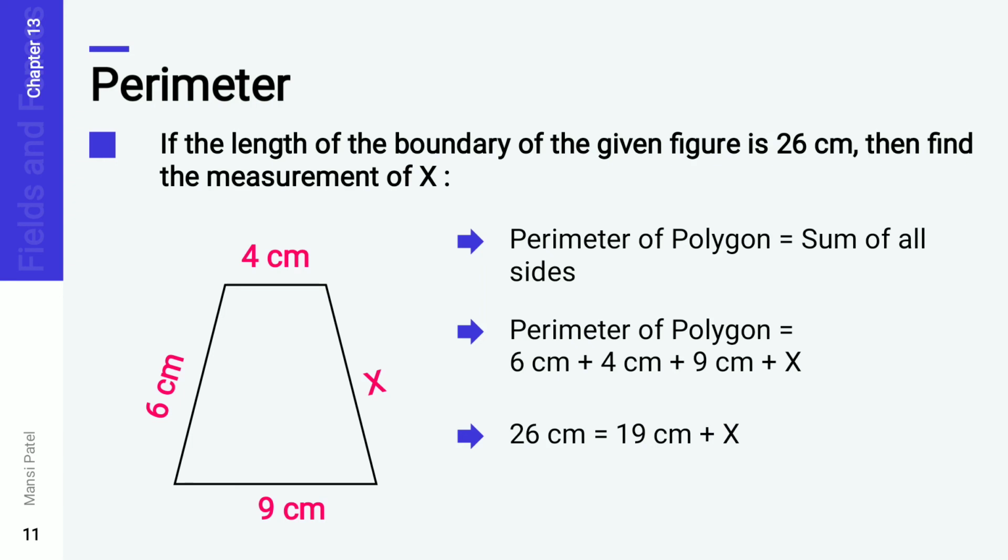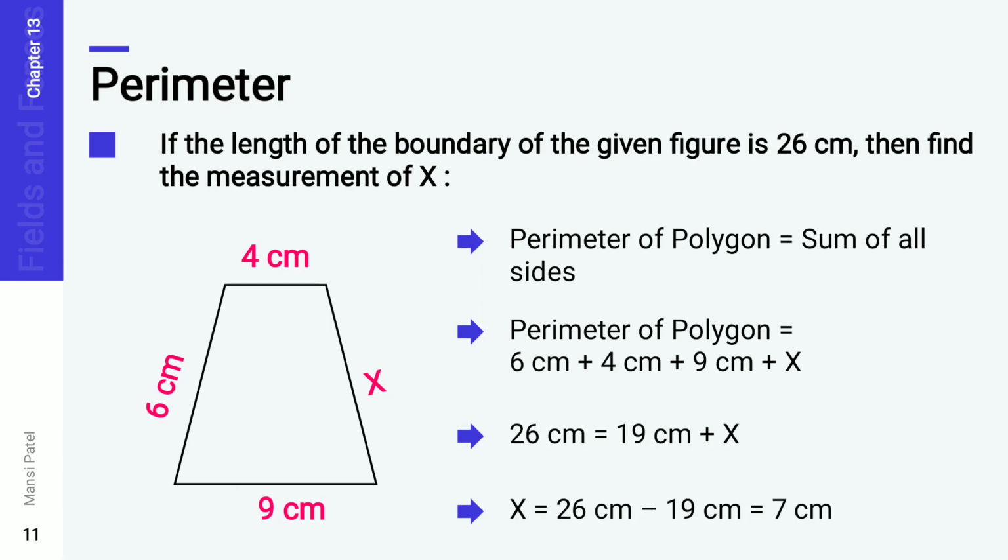Yes, 7. So the value of x is 7 centimeter. If you are subtracting both the numbers, then also you are getting the answer. You have to remember one thing: from the perimeter you have to subtract the sum of all the sides, then you are getting the value of x.